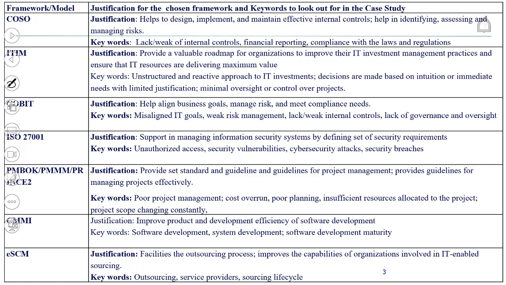So in this particular one, what you can see there, I've listed all the frameworks that you've covered. You've got the COSO, you've got the ITIM, you've got the COBIT, ISO 27001, project management frameworks, CMMI, and the ECM. And in there, I've said how you can justify a framework and some of the keywords that you can look for in a case study.